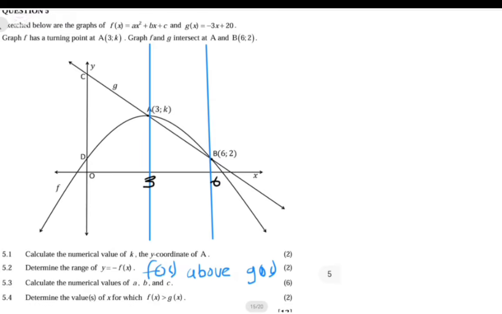So from the numbers less than 3, to the left side, what is happening between these two graphs? Which one is above between f and g? You can see that g there is above. So this first region we don't need, because we want where f is above and g is below. So this one has failed. We can move on to the next.